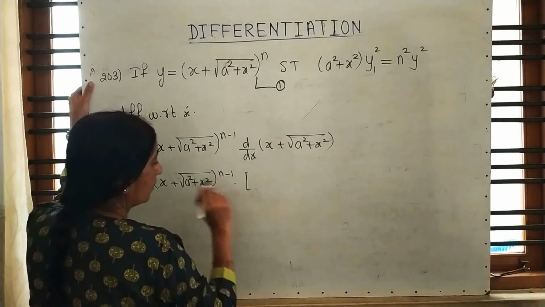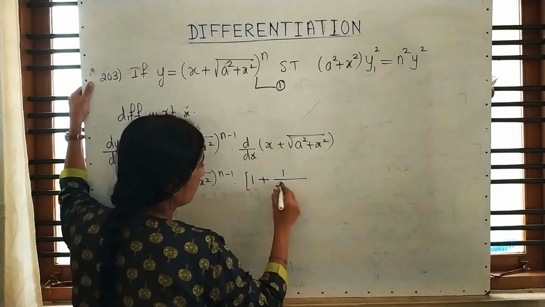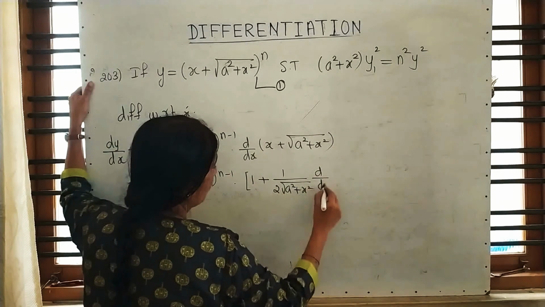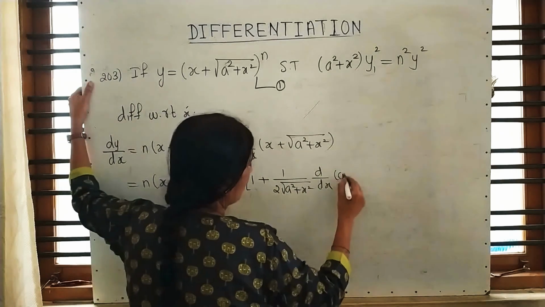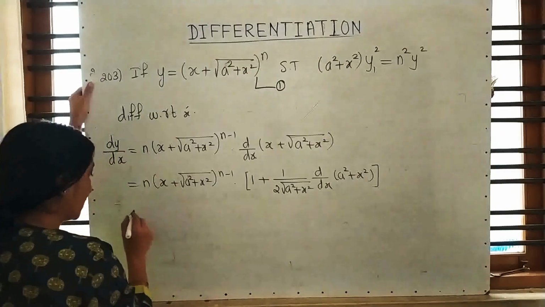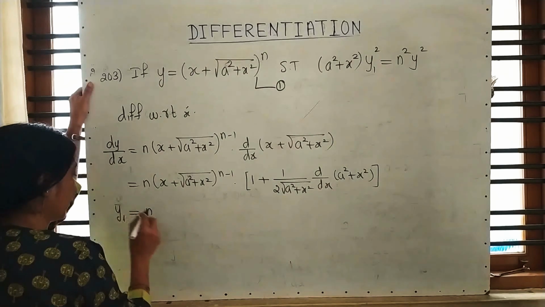In the bracket, differentiation of x is 1 plus into differentiation of, and here it is n, this dy upon dx we can write y1.